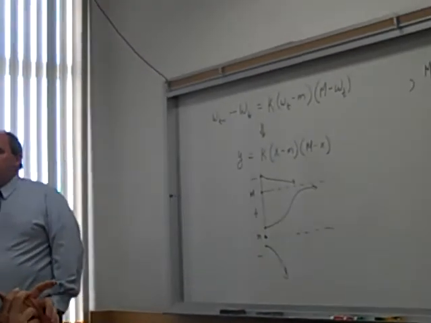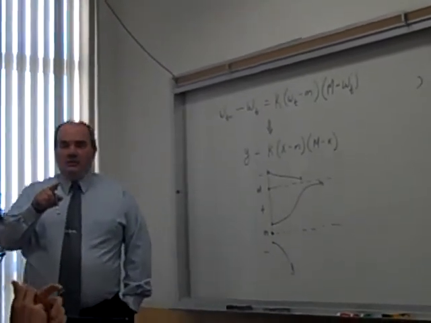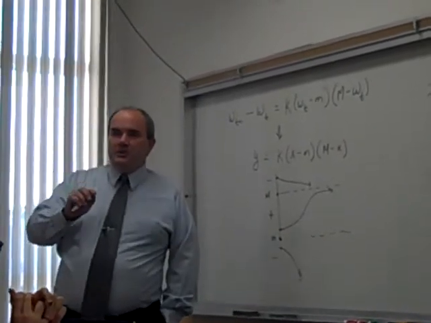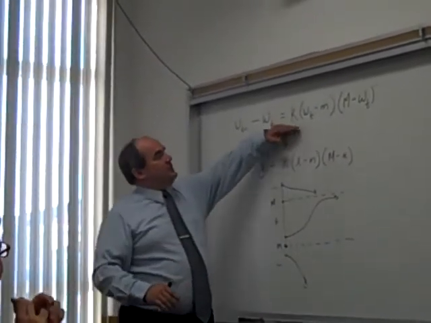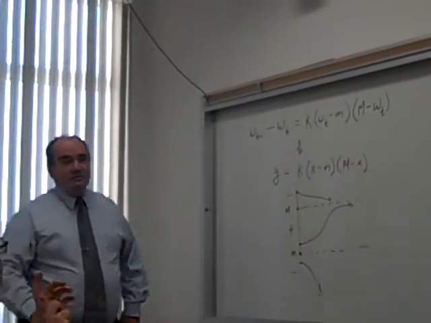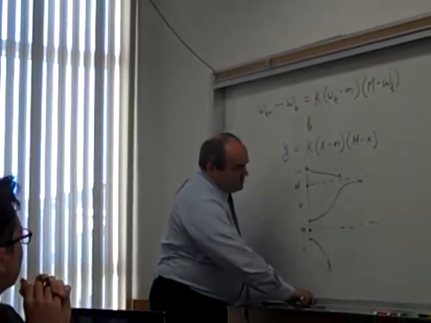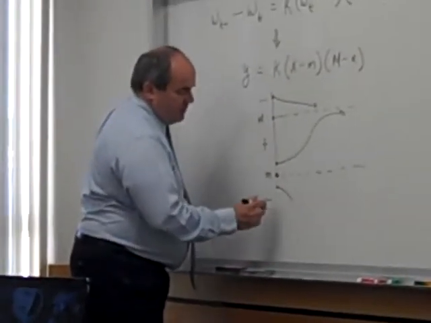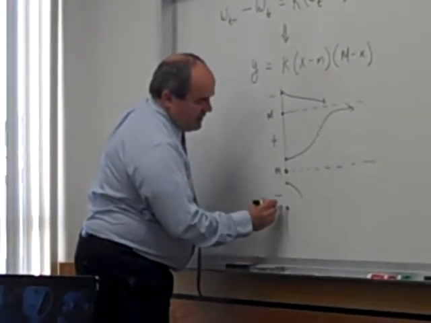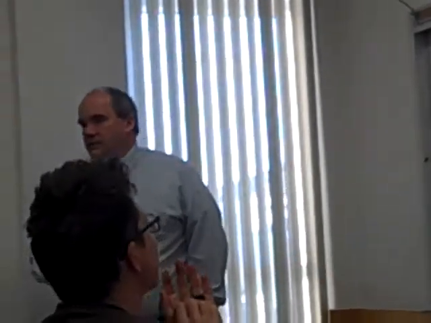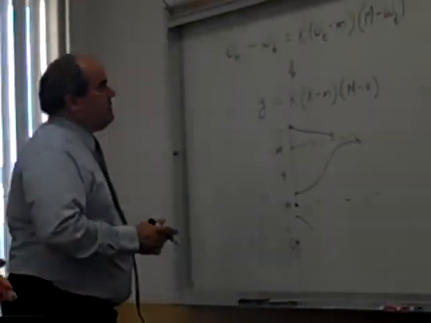So 0 must be an intercept, I guess. Move back up to this one. It needs to be an equilibrium point. So 0 is an equilibrium, and it would be nice if our model had that fact in it as well. That 0 is an equilibrium point for the population.